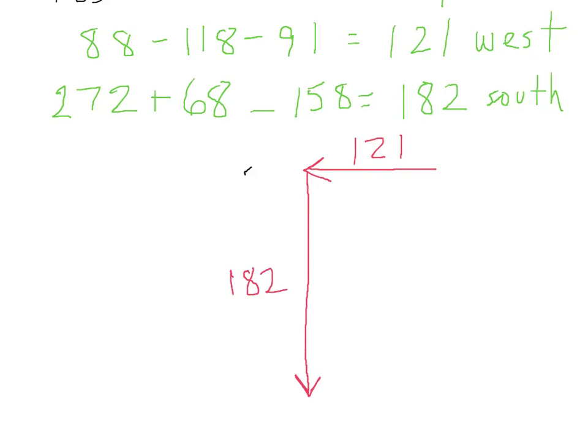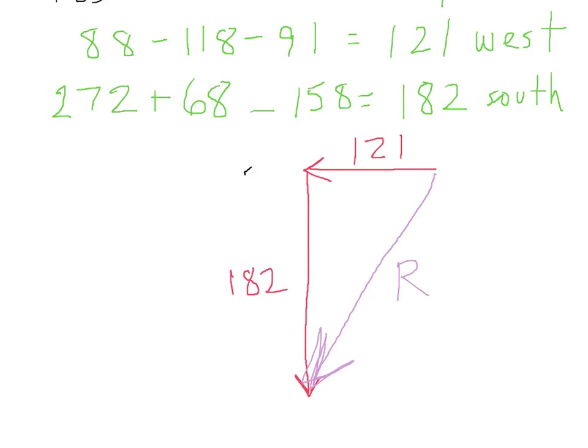And then I'll have a resultant. How about a color like lavender for the resultant? And that right there is ultimately what we were looking for. Notice that's the exact same direction that the original resultant was that I drew back on the first screen.